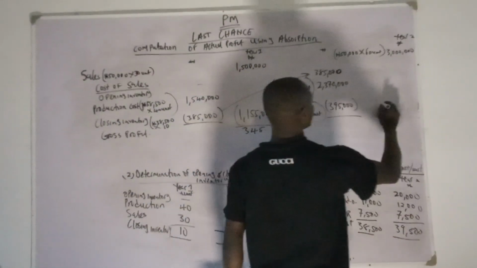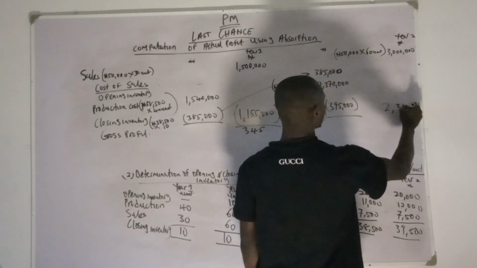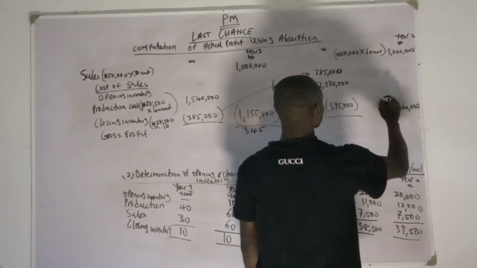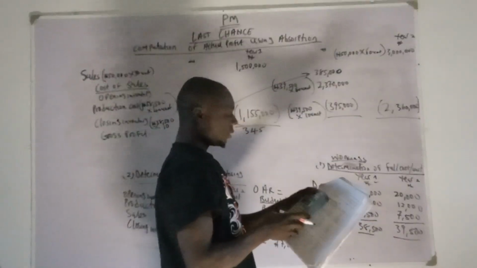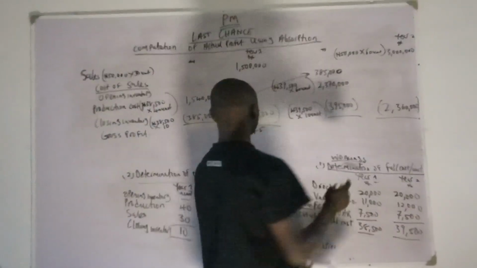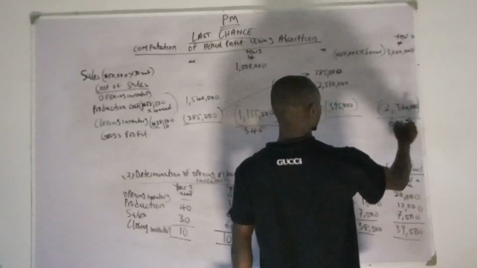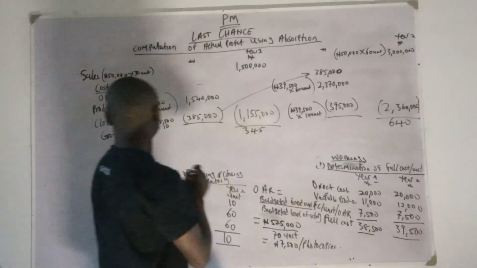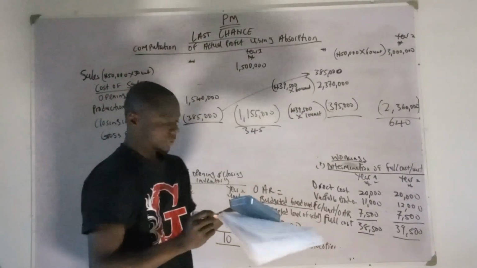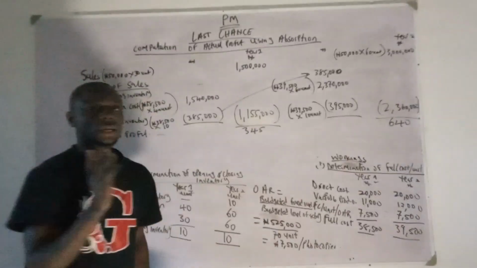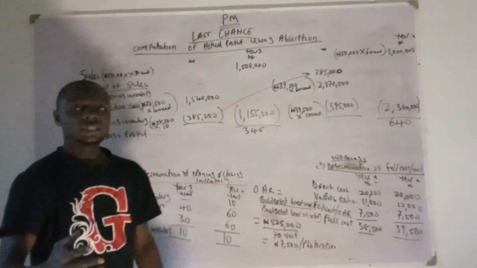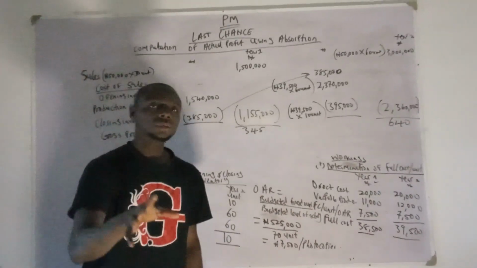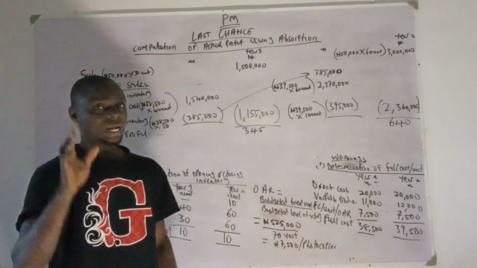So this is 2,360,000. Right? So what is the difference? Minus 3 million. So this is 640. So you can see that this is our gross profit.